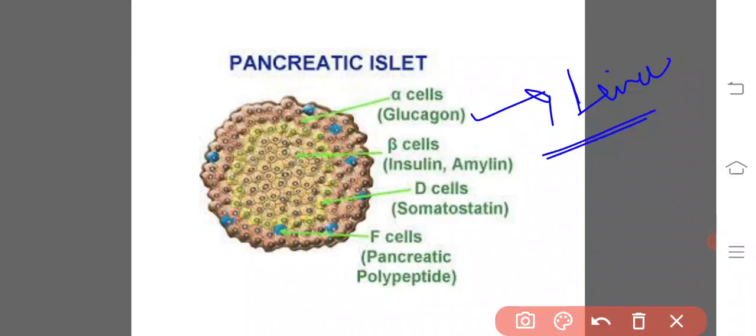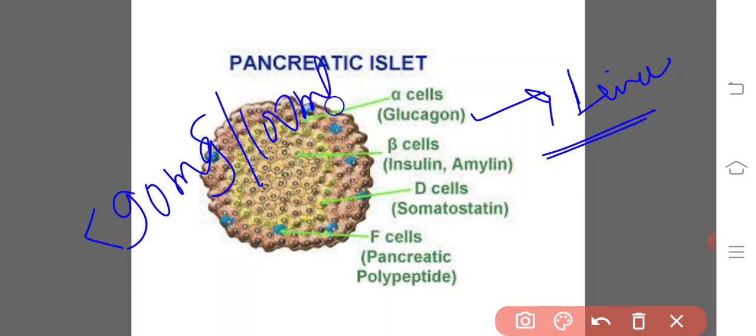Glucagon is produced in response to a fall in the blood glucose level. Whenever there is a drastic lowering of the blood glucose level, if it is less than 90 mg per 100 ml of blood, then automatically glucagon is produced from the alpha cells.